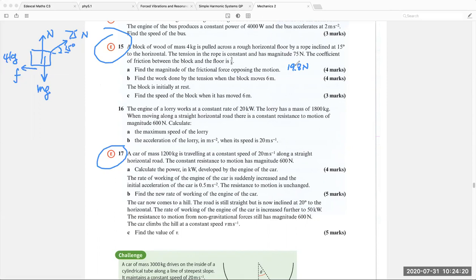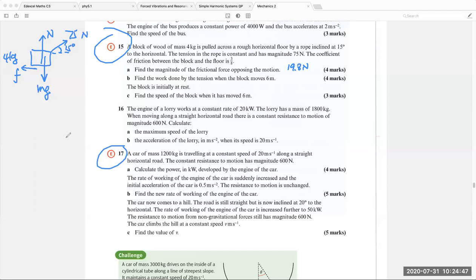For normal reaction, I got 19.4. Sorry, not 19.4. Yeah, 19.8. I got 19.8. Do all of you get the same answer?